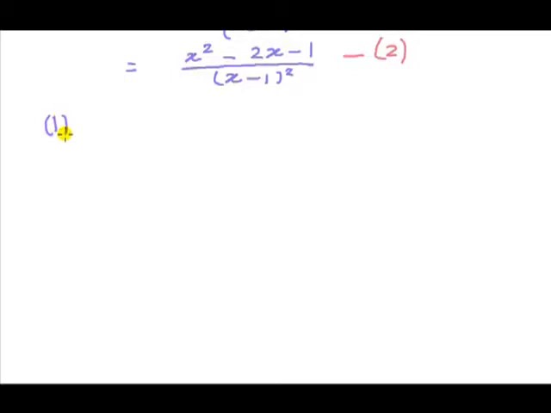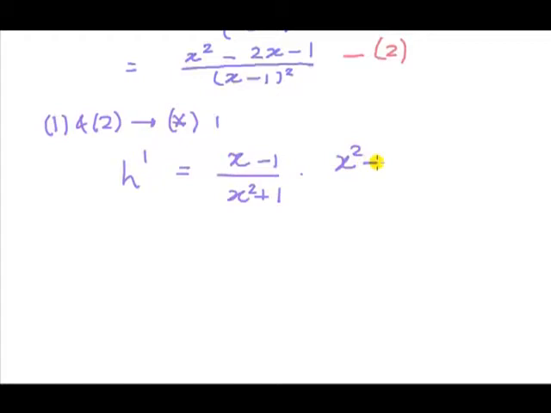So I say substituting 1 and 2 into star, I get, so 1 over f, this bit is f prime, that x minus 1 is going to cancel one of those x minus 1's.